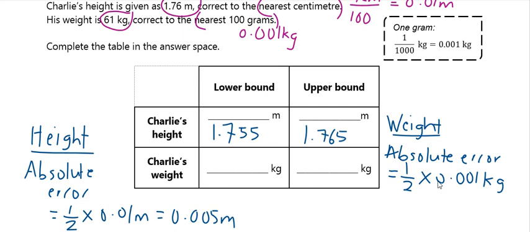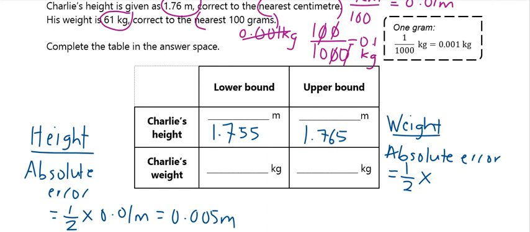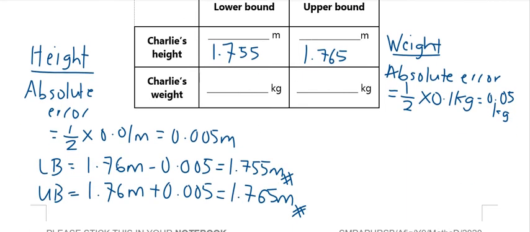Okay, sorry for that. So let me just correct this. Actually this one you have to convert 100 grams. So 100 divided by 1000. So you will have 0.1 kilogram. So here your units of accuracy is 0.1 kilogram. So you will have 0.05 kilogram as your absolute error. Okay, apologize for that. So let's proceed.